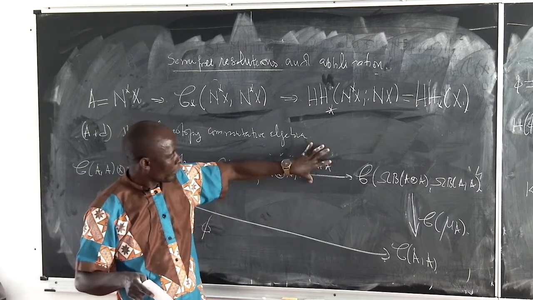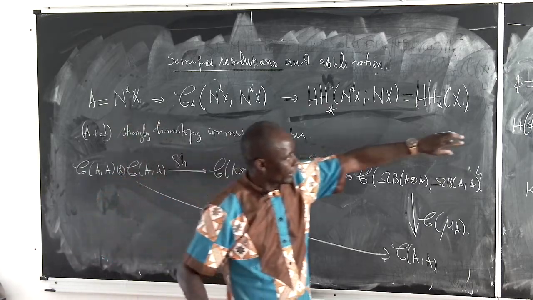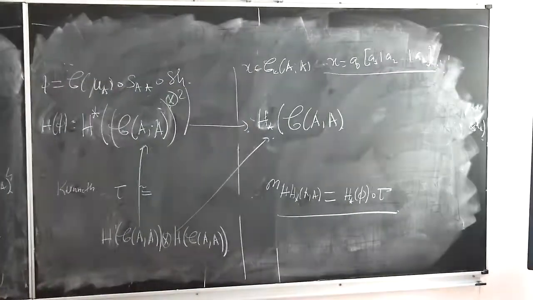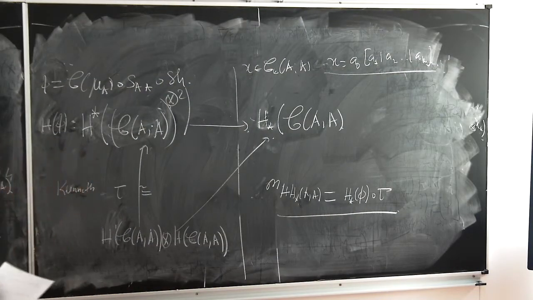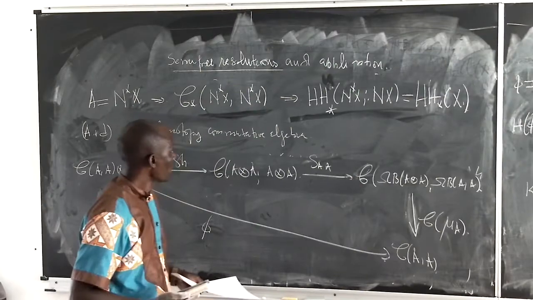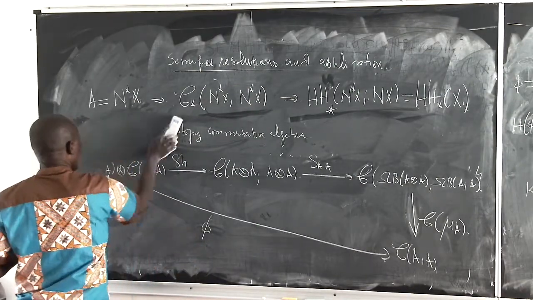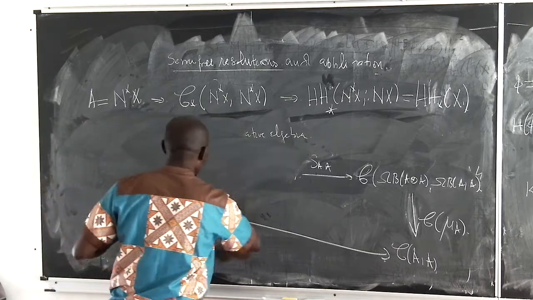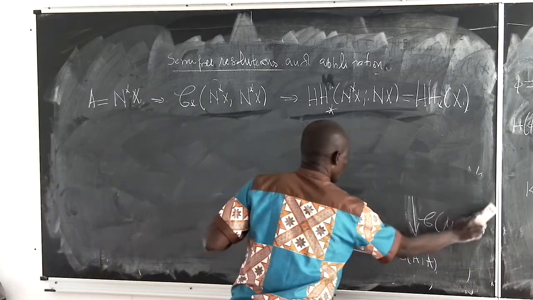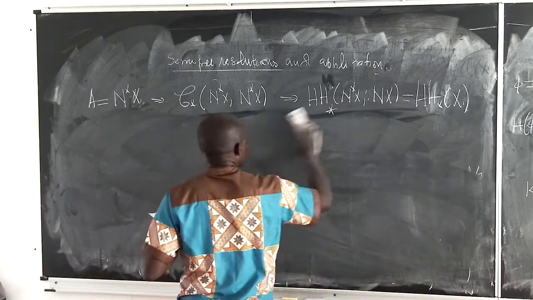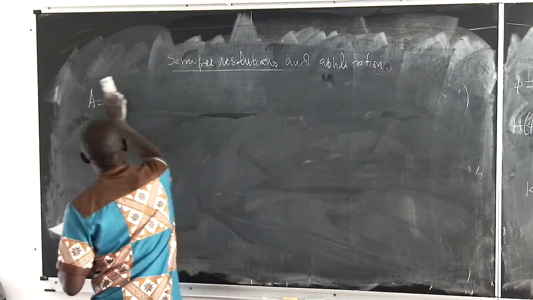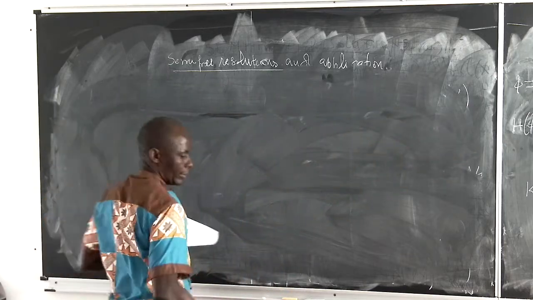So the problem of the uniqueness is resolved here. Okay. So now we have the product on the Hochschild homology that makes this graded module an algebra.